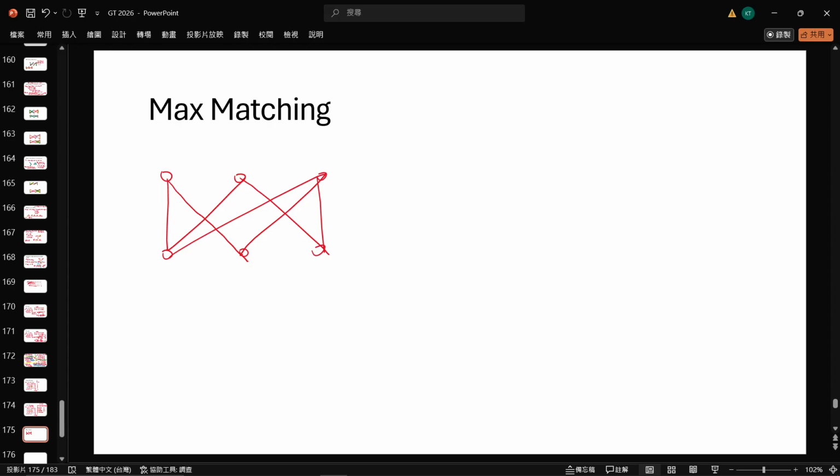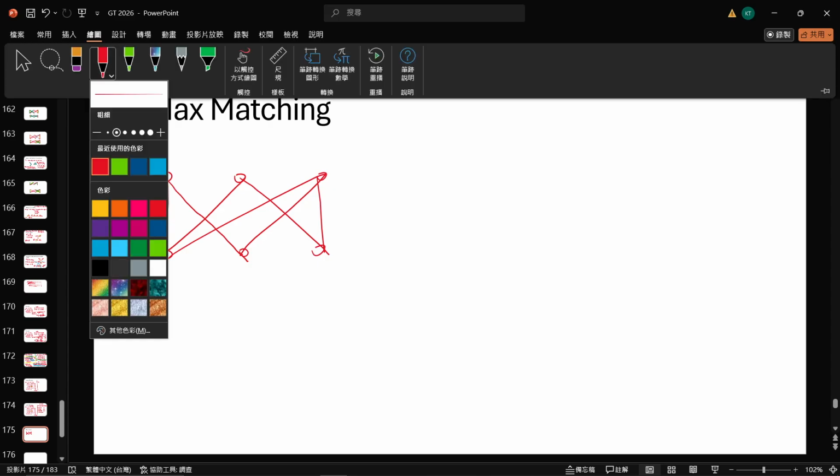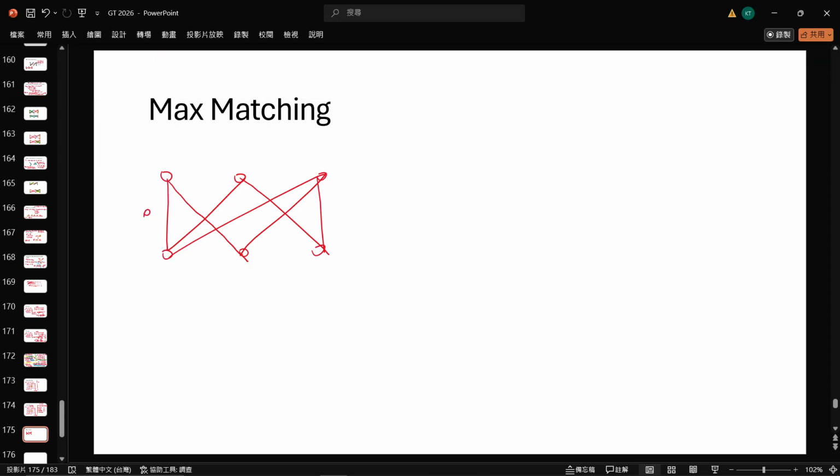Let's consider this bipartite graph and want to find the maximum matching. Okay, so we have 7 edges, and we have 6 vertices.